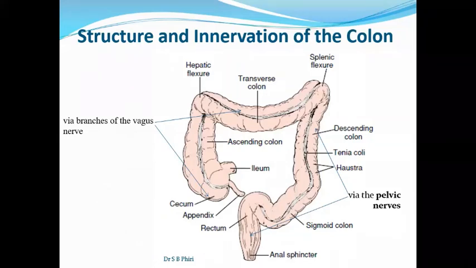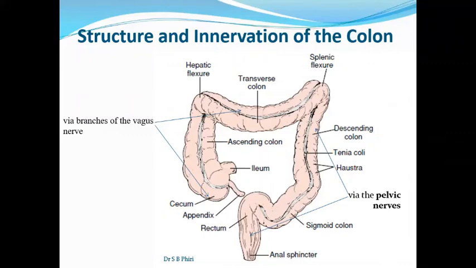The first part of the large intestine, which is the ascending and some portion of the transverse colon, is heavily innervated by the vagus nerve. The vagus nerve is part of the parasympathetics that is innervating this part of the large intestine to modulate or regulate peristaltic contractions and other sorts of motility that are taking place in the colon.